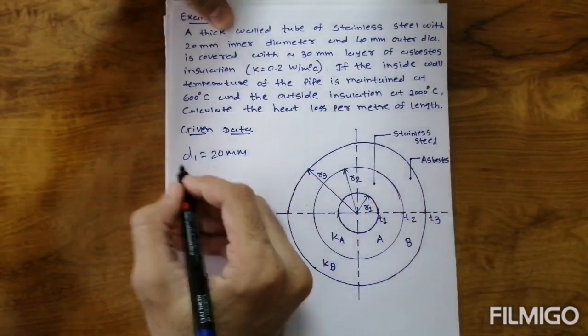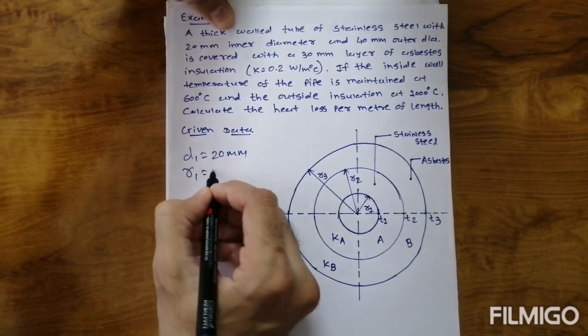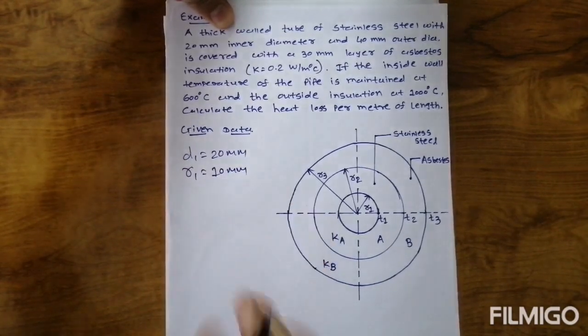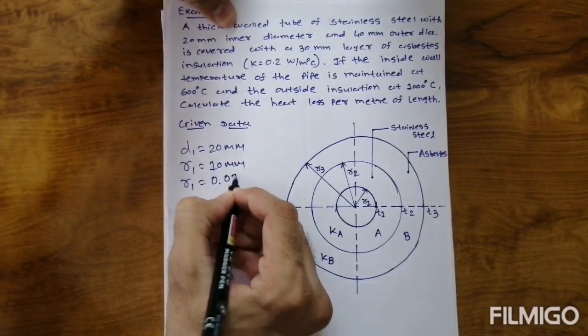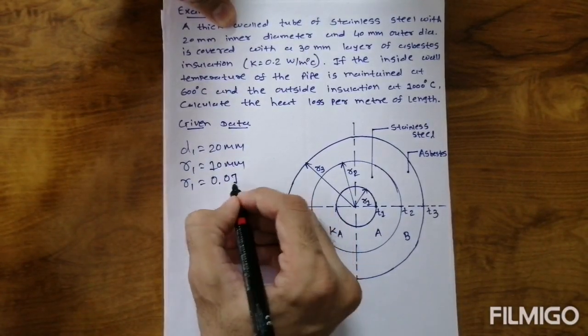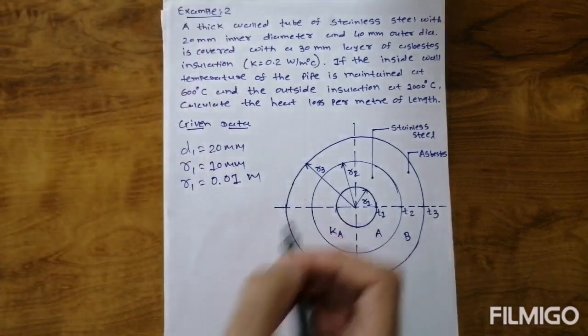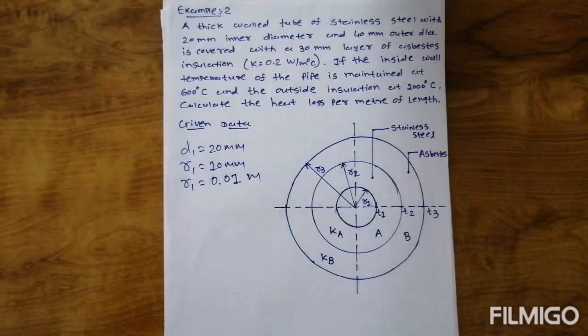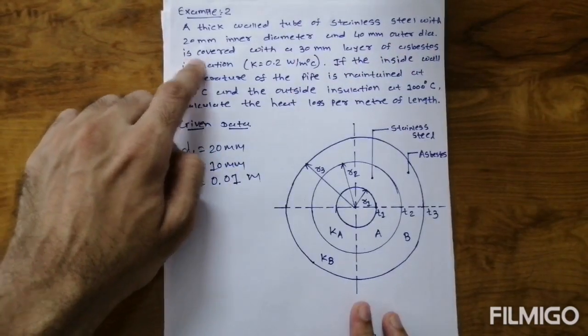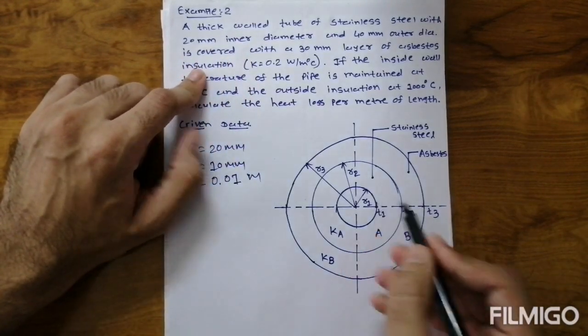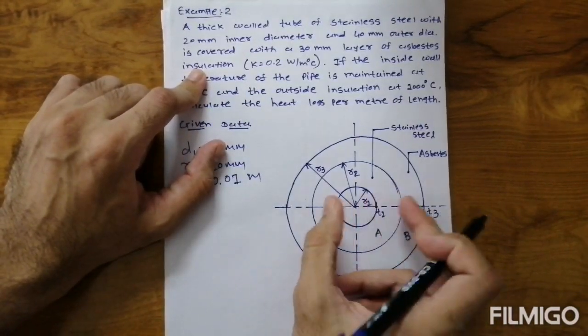Then we can say that radius R1 is equal to 10 mm; we just divide 20 by 2. Then R1 is equal to 0.01 meter. Then the 40 mm outside diameter is covered, that is D2.